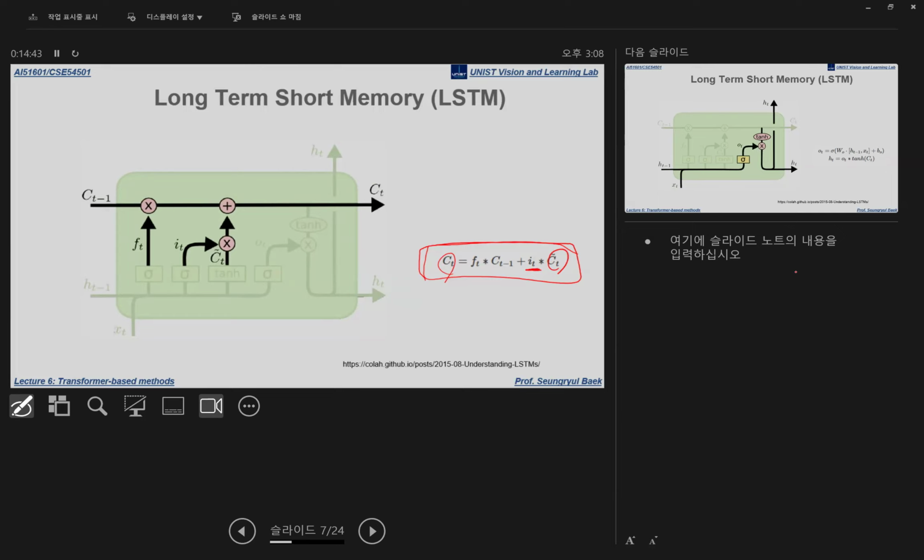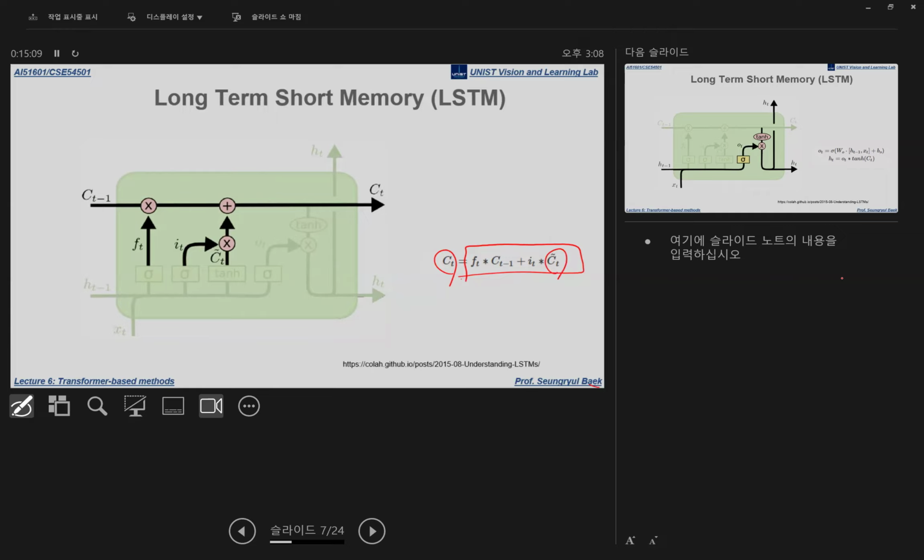And we multiply i of t, which is the bit for which items we will retain. And this is the forget bit multiplied with the previous time step's information, okay? And by adding these two, we are making the current time's information again, okay?